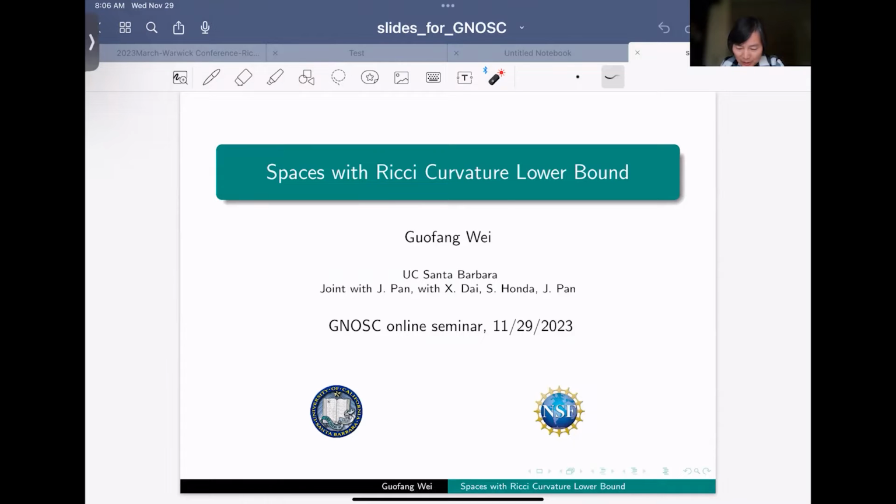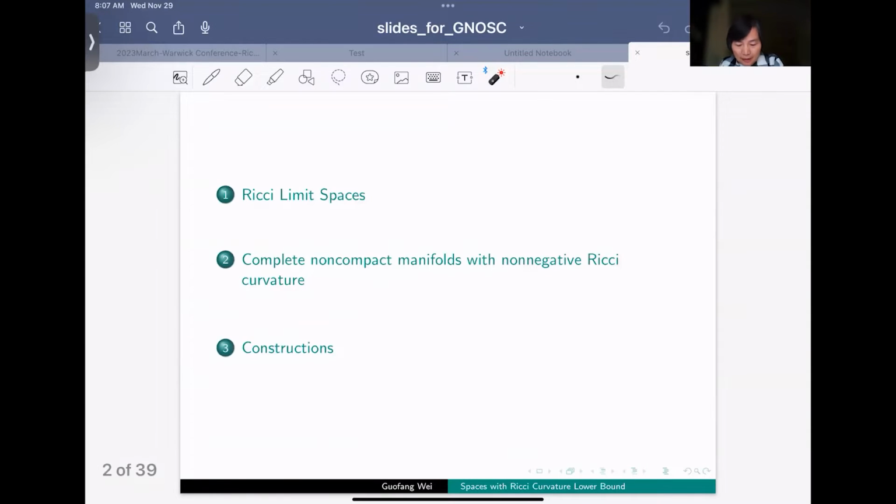So I will talk about part of this, mostly joint work with Jiayin Pan. He is going to give the second talk, and some part is with Day, Honda, and Pan. I will think of this in three parts. First, it's about Ricci limit space.